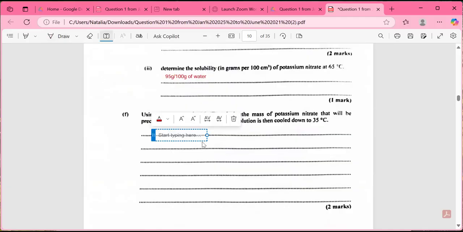So I'm going to write that 35 equals 48 grams per 100 grams of water. So if we cool it, it's going to be 95 minus 48, which is equal to 47 grams. Clear? Yes, miss.